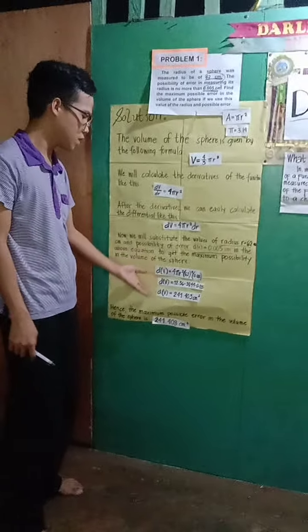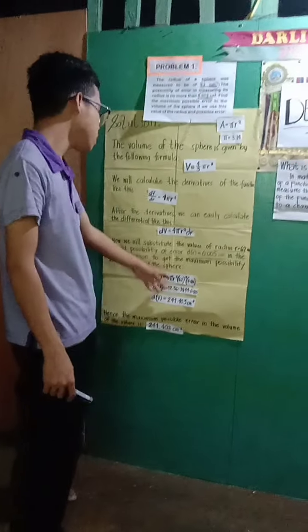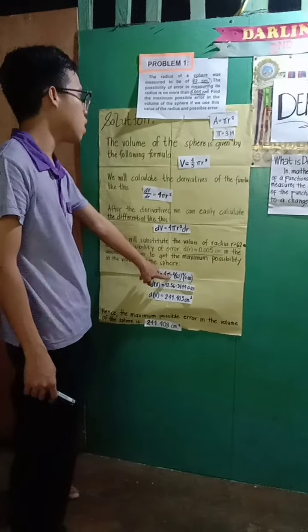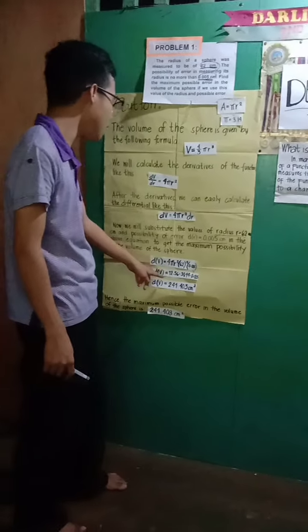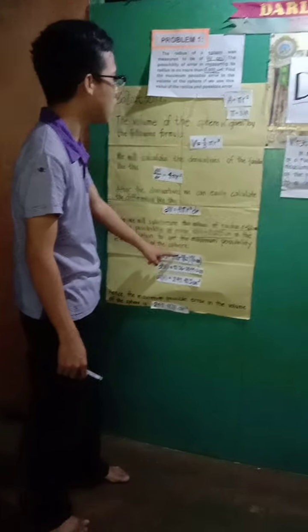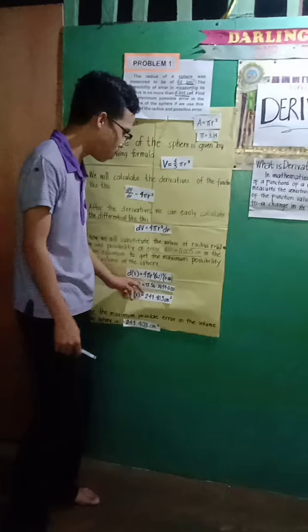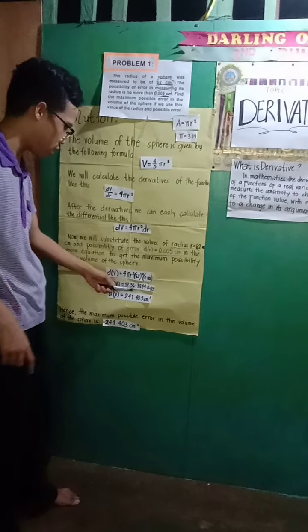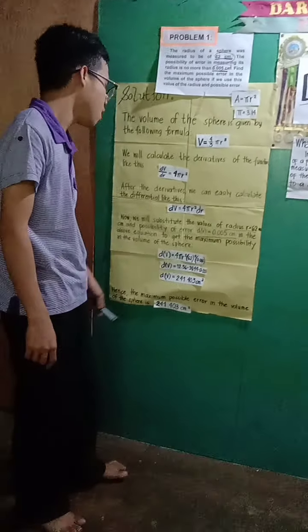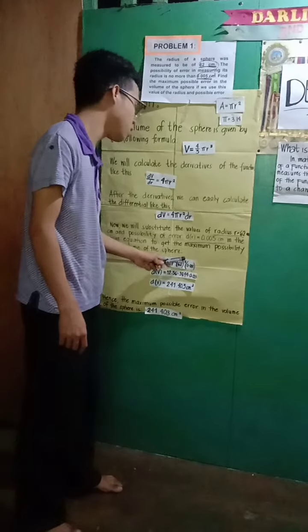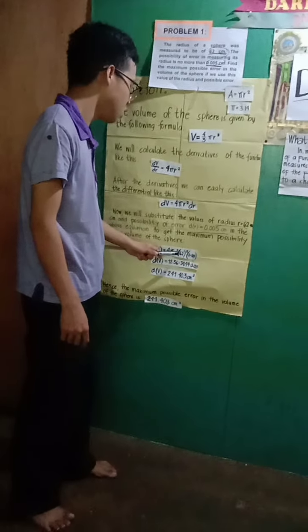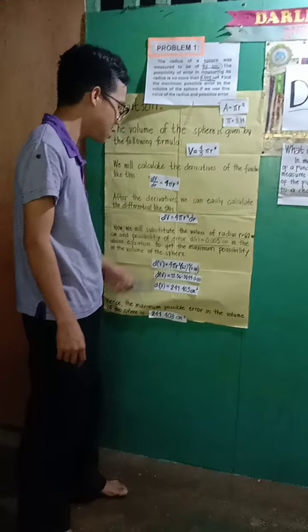Then dV equals 4 times pi r squared, where pi is equivalent to 3.14. So 4 times 3.14 is 12.56, times 62 squared, which is 62 times 62, is 3,844.